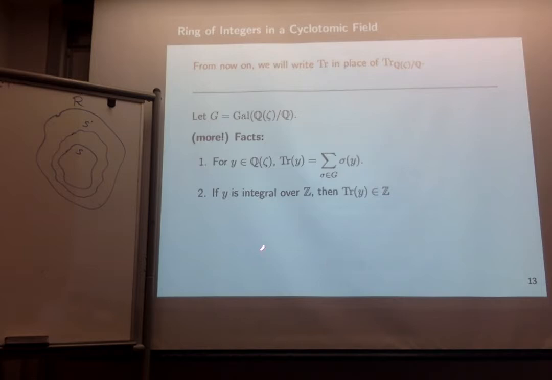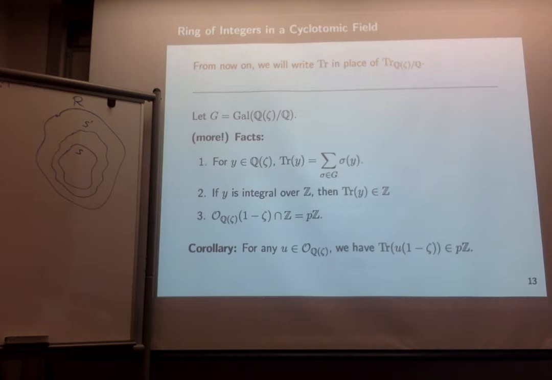If y is integral over Z, then its trace has to land back in Z. And the last thing, which is not too hard to show, is that the ideal generated by 1 minus zeta in the cyclotomic integers, intersected down with Z, is just pZ. For those of you who know about ideals lying over other ideals, this is saying that the prime ideal 1 minus zeta in the cyclotomic integers lies over the ideal generated by p. And again, as we need these facts, I'll put them back up on the screen.